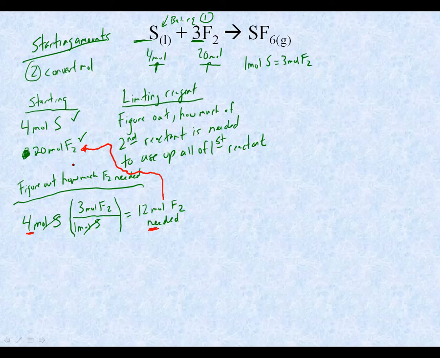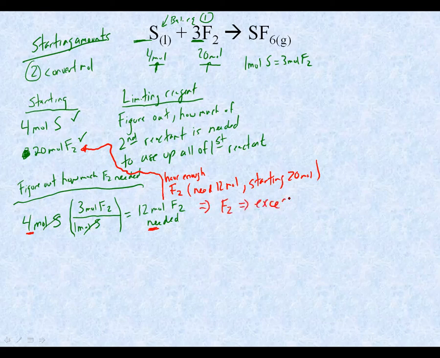In this case, we have enough. So we do have enough F2. We need 12 moles, and we're starting with 20 moles. Because we do have enough, our F2 would be our excess reagent.